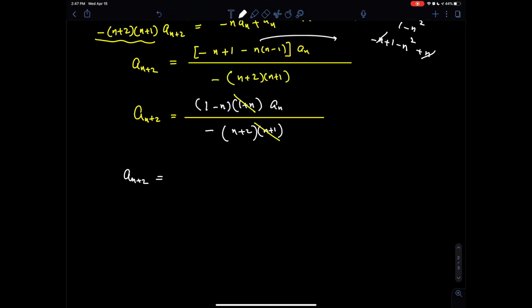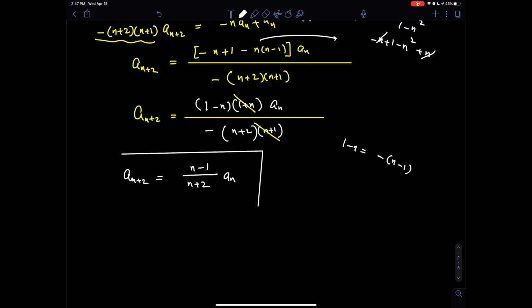And the other one is 1 minus n over minus n plus 2, so you get n minus 1 over n plus 2 times an. Do you see that? Yeah, because 1 minus n, if you factor out a minus, could be written as n minus 1, right? So then the minus would cancel out with the minus at the bottom, and that's what you would end up with. So here's your recursive relation there.